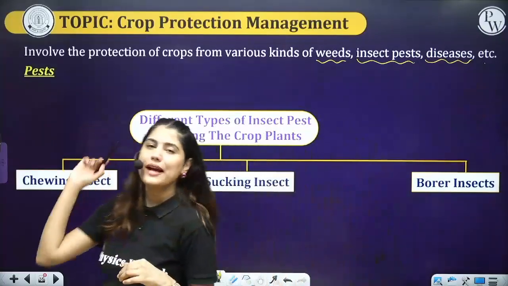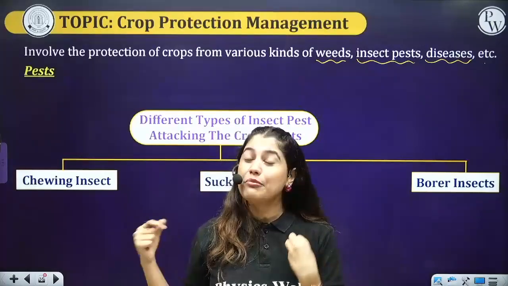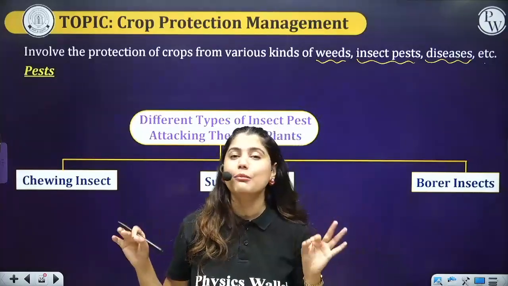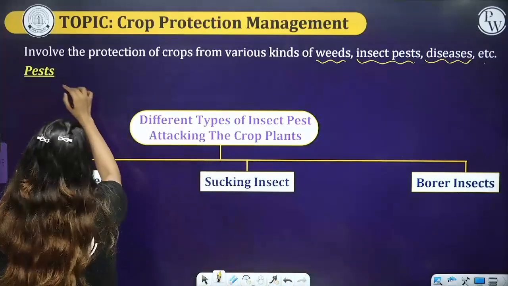What are pests? Pests are destructive organisms which damage the crops and make them unfit for human consumption. Then we cannot use them very efficiently, right?